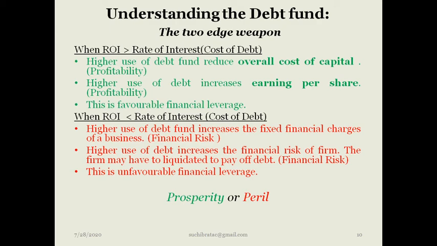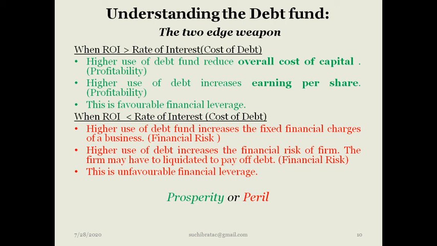Then higher use of debt fund increases the fixed financial charges of a business, which is a situation inviting financial risk for the business firm. Higher use of debt increases the financial risk of the firm. The firm may have to liquidate assets to pay off debt.